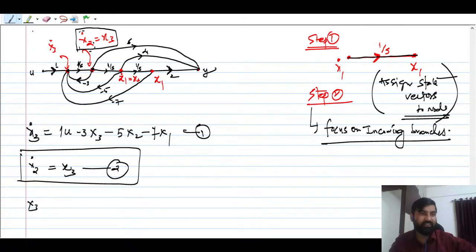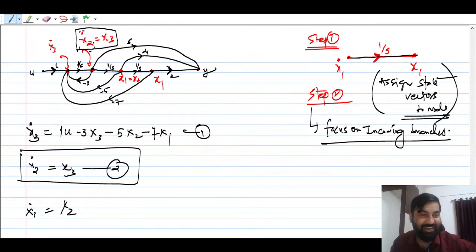And what is this x1? X1 dot. So what is coming here? I believe nothing is coming in this case, right? Only x1 dot is x2, and nothing is again coming.